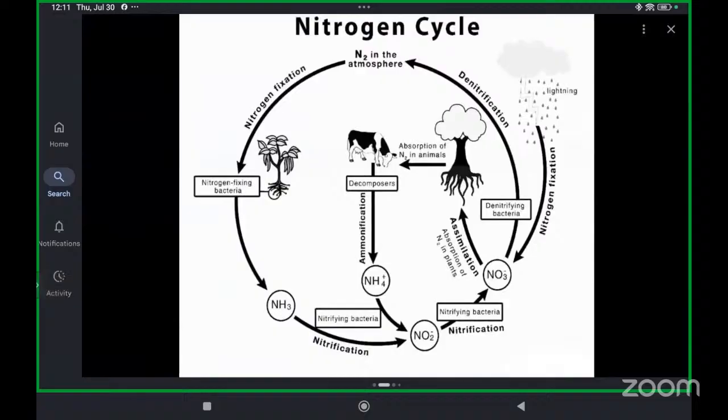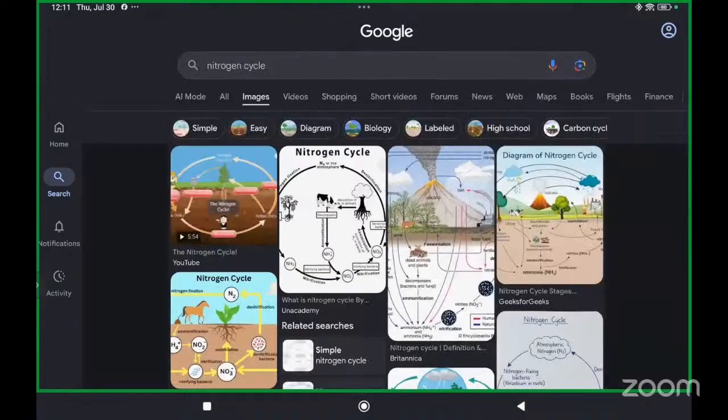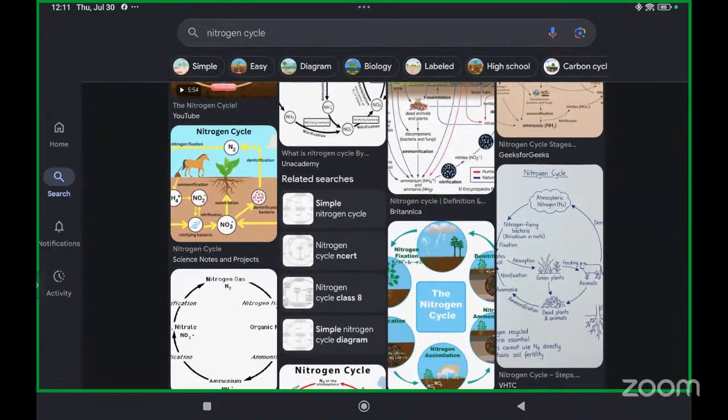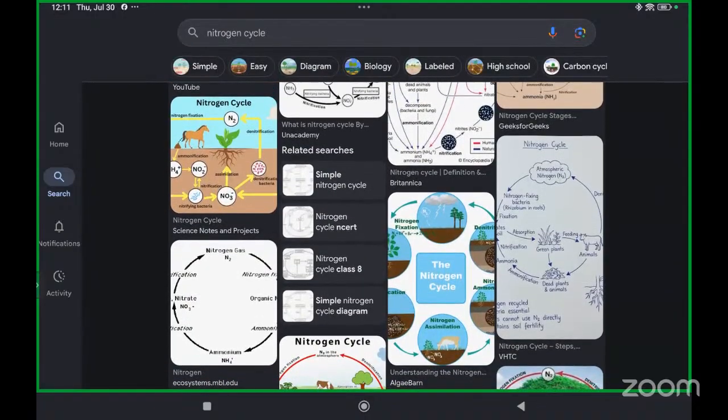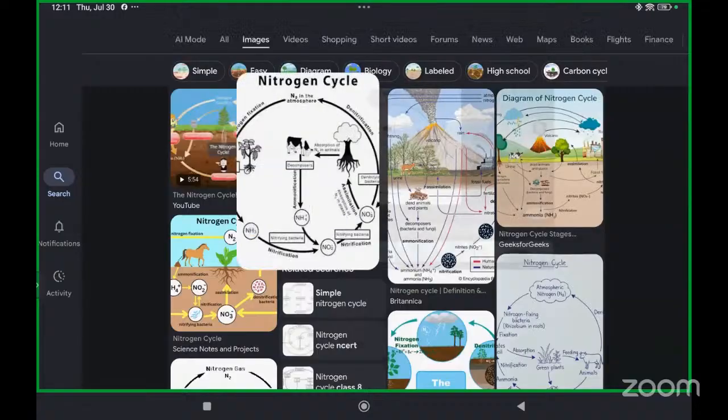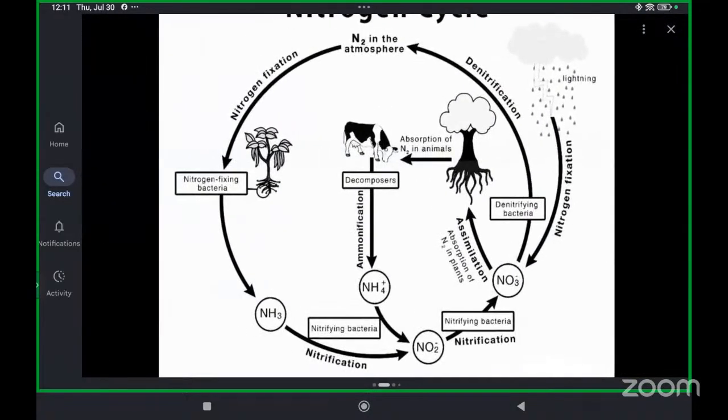Now, what happens is that the bacteria present in the atmosphere break down the nitrogen compound and convert it to nitrogen, and then this nitrogen compound again gets converted to nitrogen gas, which is released into the atmosphere.